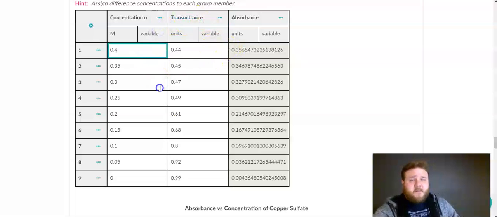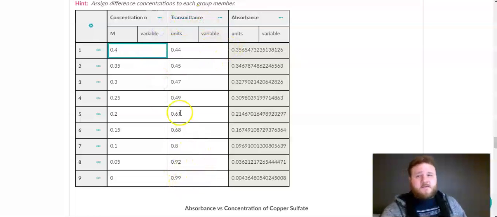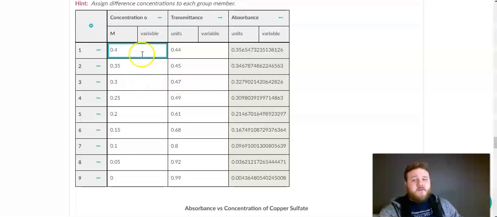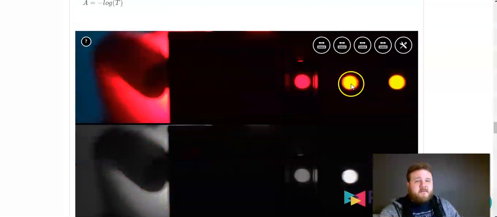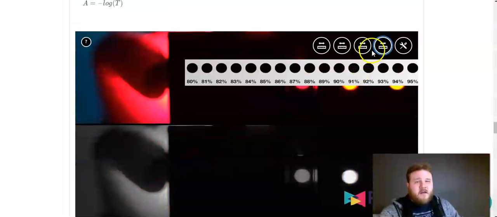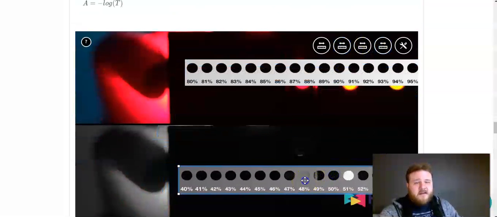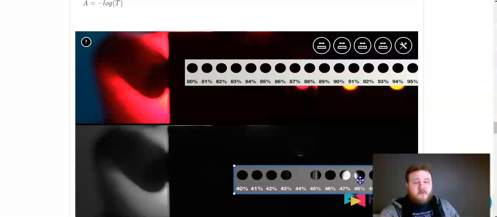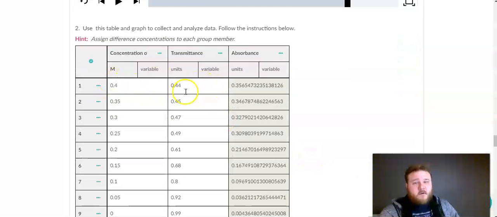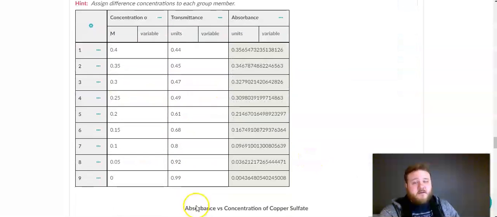This is the part that takes a while, to log each of those: doing the concentration, then choosing the correct scale, and then measuring, looking at the grayscale. Okay, I'm at 44%, so I'm going to type 0.44 here. And I do that for every single concentration. That just takes a while.